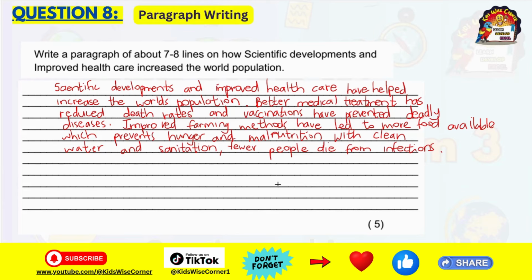So people now live longer, which increases life expectancy. So these scientific changes have caused the world's population to grow quickly.